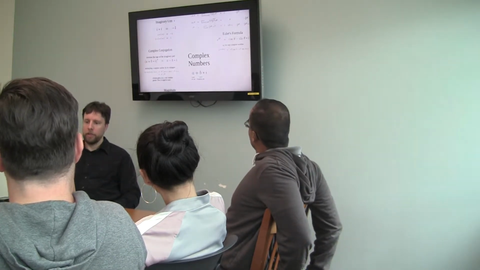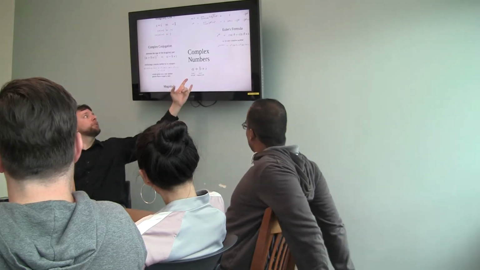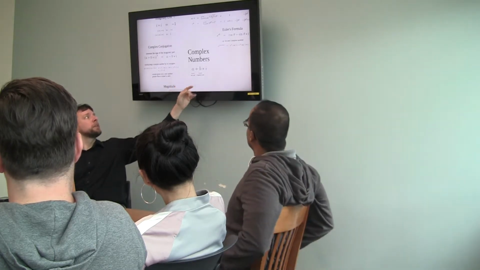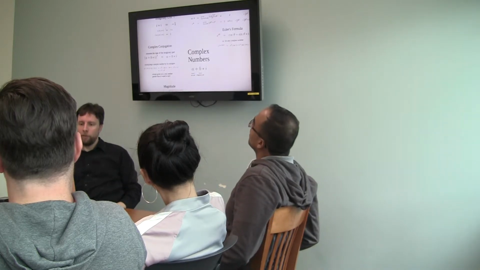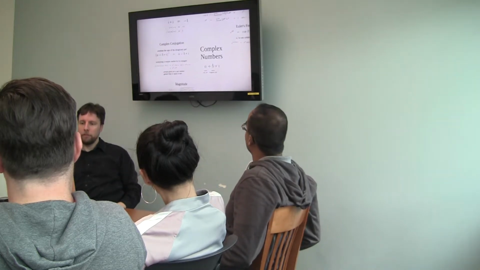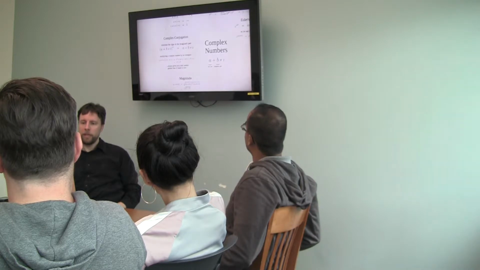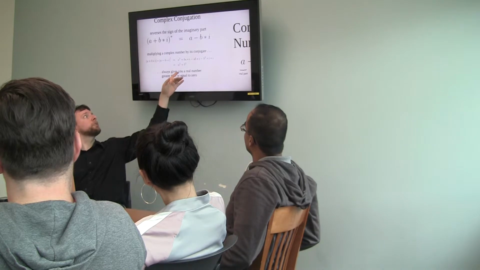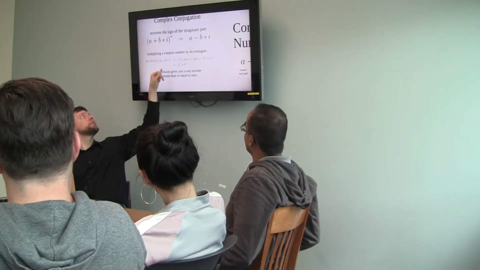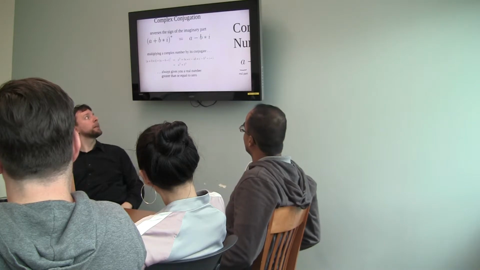So the real part and the imaginary part themselves are both real numbers, and then you just multiply the imaginary part by this i. One of the very common things that we do with complex numbers is we conjugate them, so we reverse the sign of the imaginary part, and that allows us to basically construct real numbers out of complex numbers by multiplying a complex number by its complex conjugate.